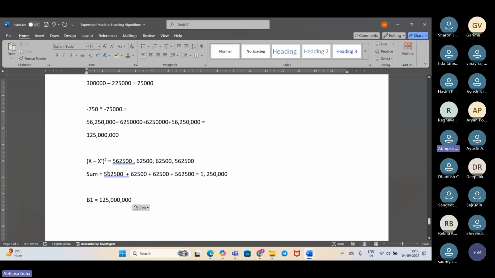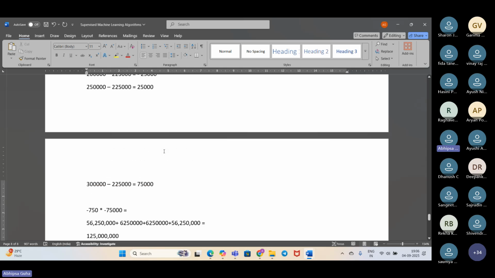Sum equals to, yes, this is what we are doing. You add the values. In the second value, which is 62,500, I'm not getting this value.